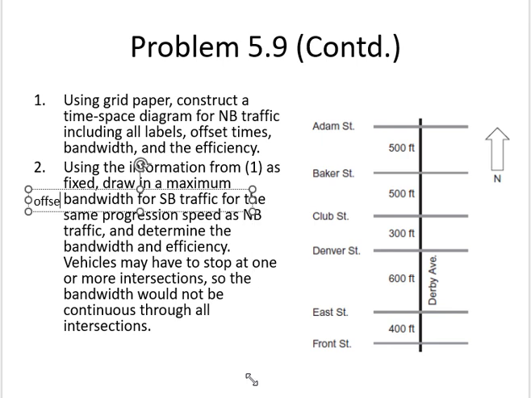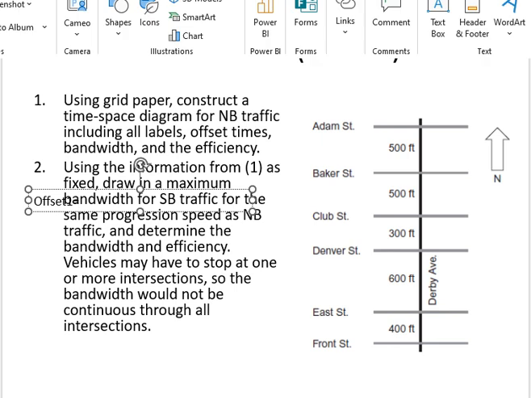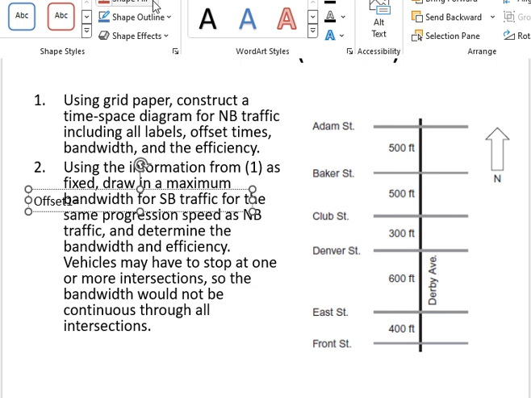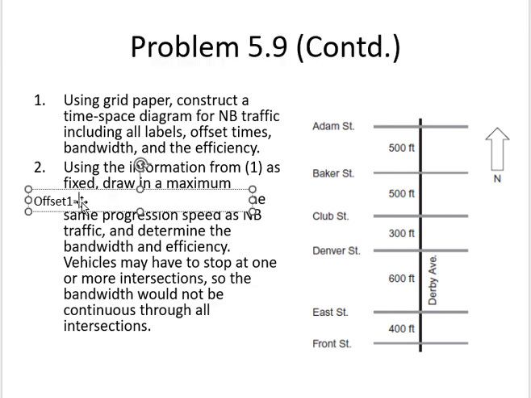I'll call it offset 1. You have to do the conversion as well. So it will be 540 divided by speed, which is 30 times 1.47. How much is it? 12.2.